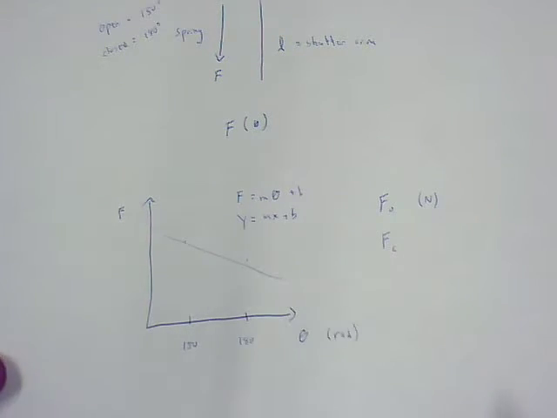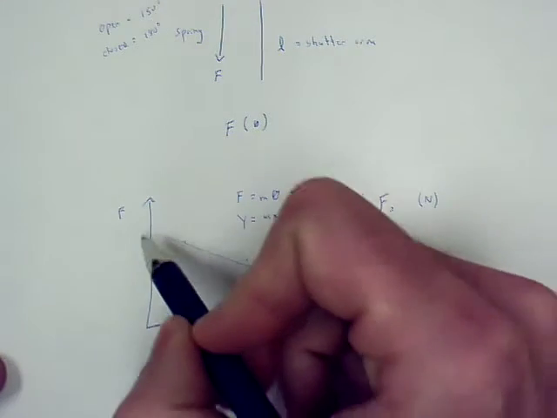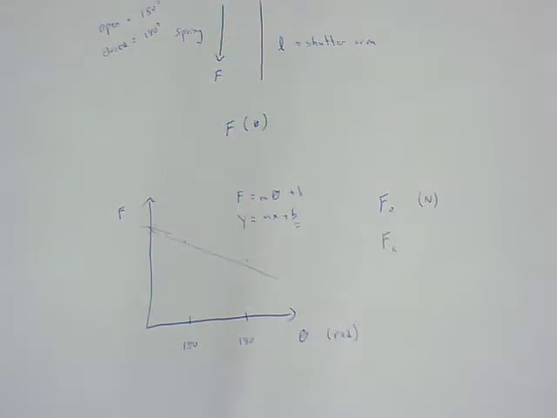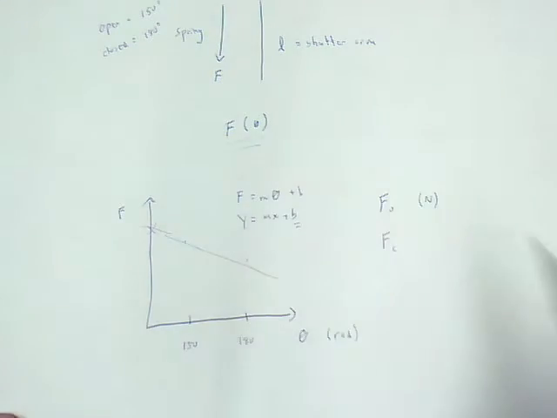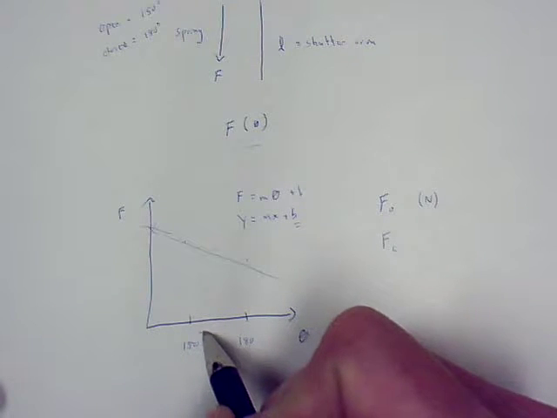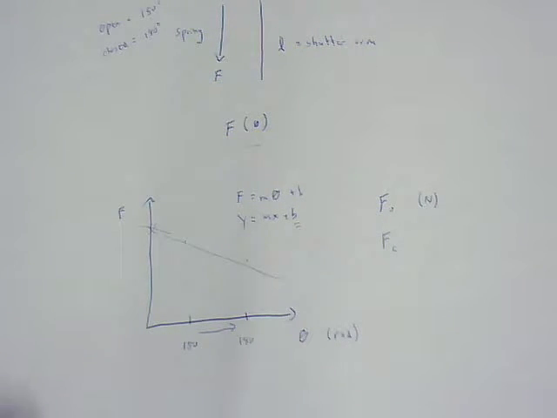You'll see that you will get a downward slope, and where it intersects the y-axis you will have a b value there, and it will not cross through 0, 0 in this particular instance. So what you're going to note for one of our equations is that our force as a function of theta is going to be constantly changing, and you're going to need to recalculate this based on where you are in this range from open to closed.